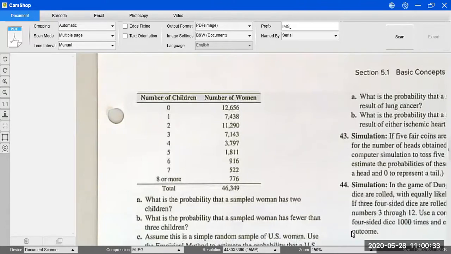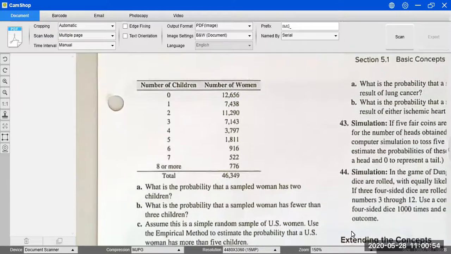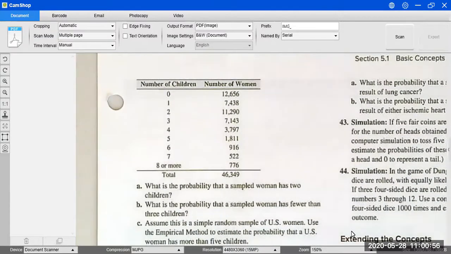For example, more than 12,000 women didn't have children at all. Women with one child is just 7,000, women with two children, 11,000, and so on. The first question was: what is the probability that a sample woman has two children?